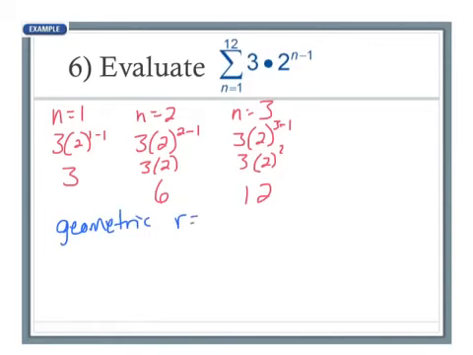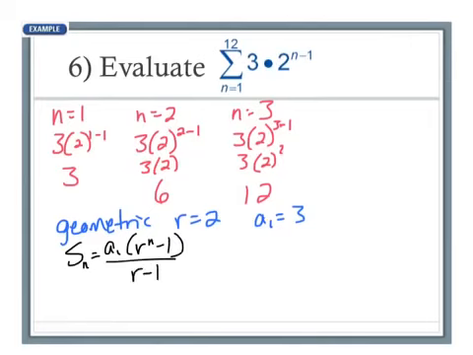that the ratio is 2, that the first term is 3. Well, wouldn't you know it, up here the number in the front is 3, the number that's the base of the exponential part of it is 2. And in order for me to find that sum, I can simply do this formula, S sub n equals a1 times r to the n minus 1 over r minus 1.